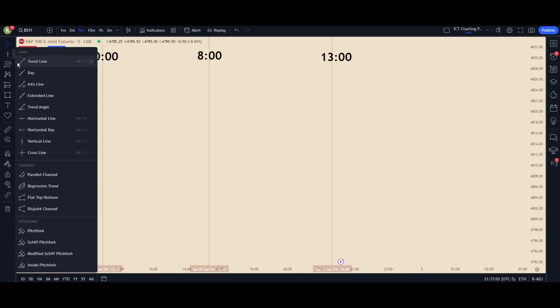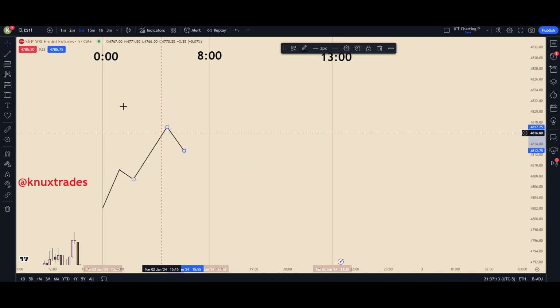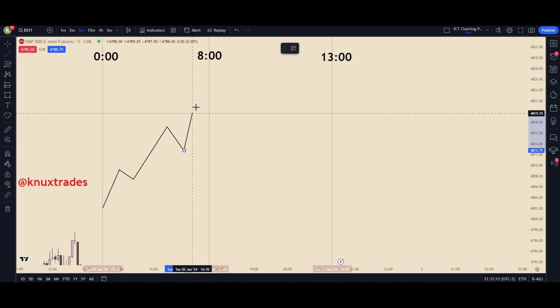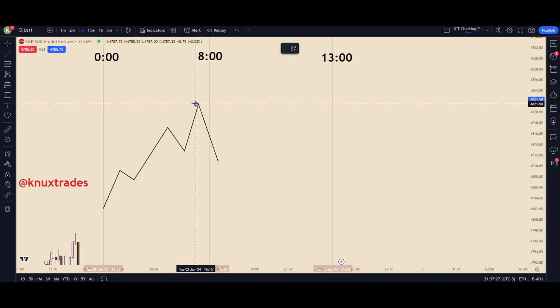Okay, so let's just say overnight price action. We have various movements here, imagining this as a chart, obviously. And we pump up, and then we come back down, right? Cool. So now we flip to the New York AM session, which is right here, and we now have a high and a low created.